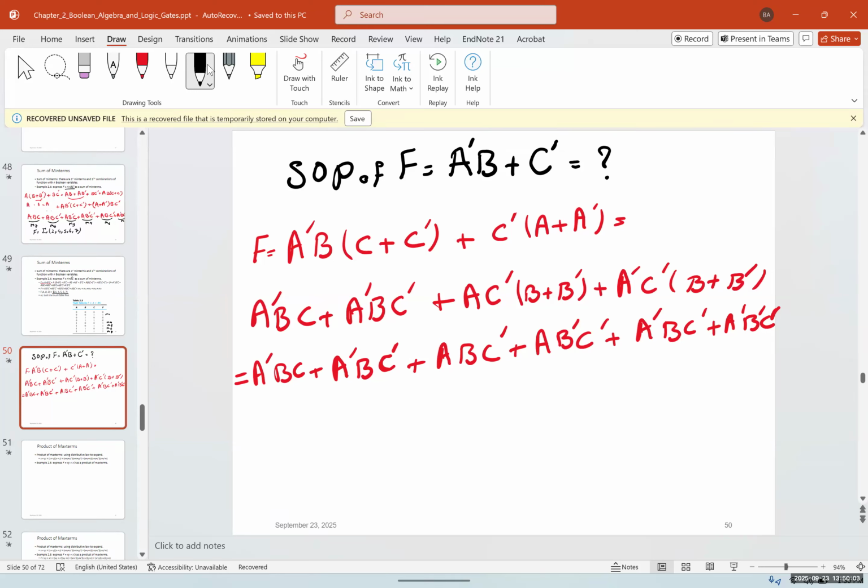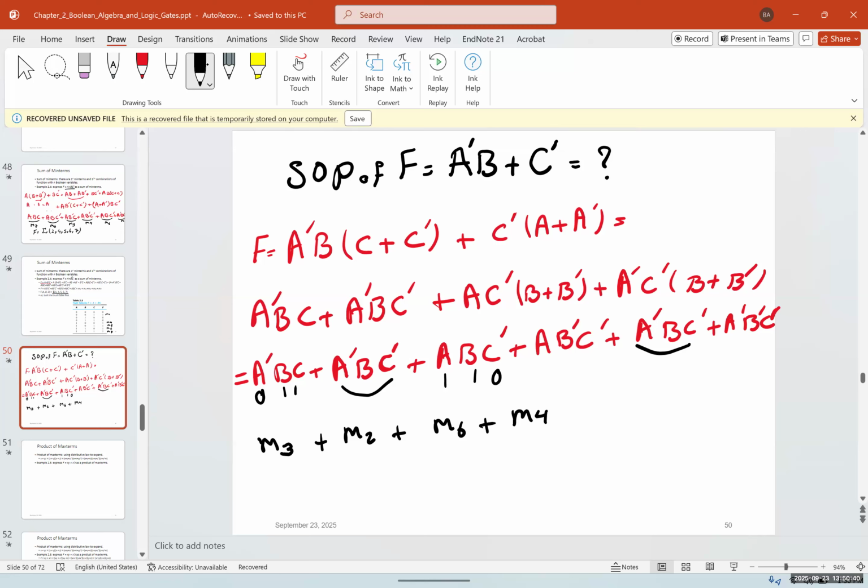Now, which one of these look the same? This one and this one are the same. So we could just write down one of them. Yep, and that's it. So a prime b c, this is 0, 1, 1, gives us m3. a prime b c prime is 0, 1, 0, which is m2. a b c prime is 1, 1, 0, which is m6. a b prime c prime is 1, 0, 0, which is m4.